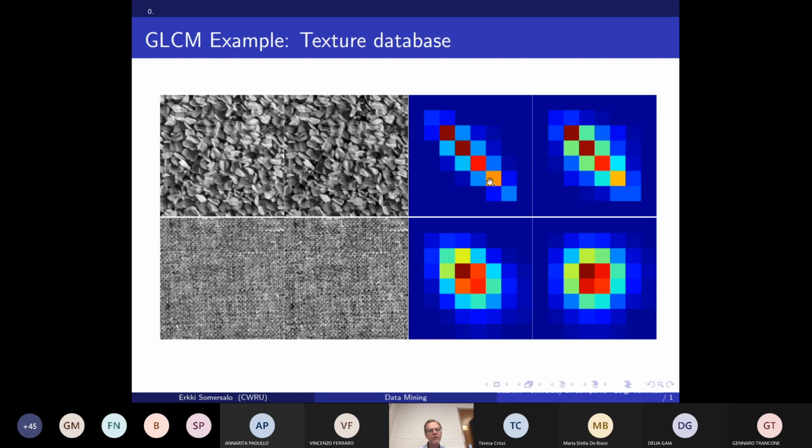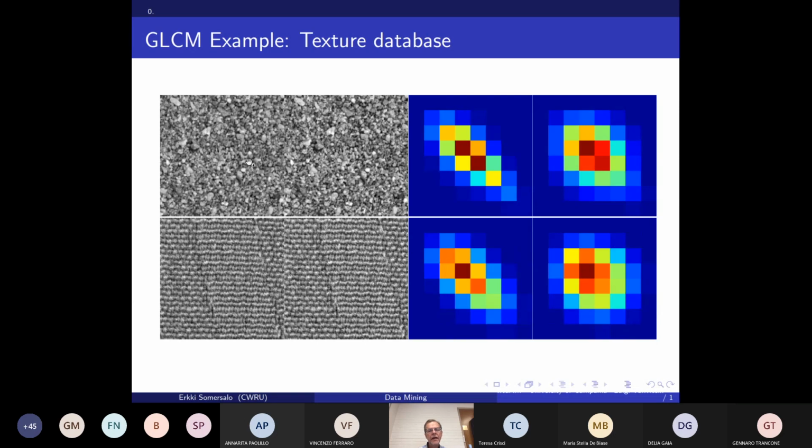That tells me that with that offset, the image sort of looks smooth. While if I look at canvas, of course, the details are smaller, and when you're moving 5 pixels down and 5 pixels right, you will probably find with a higher probability a different grayscale, and so this co-occurrence matrix starts to be less diagonal than the lentil case. So we see that there is a difference.